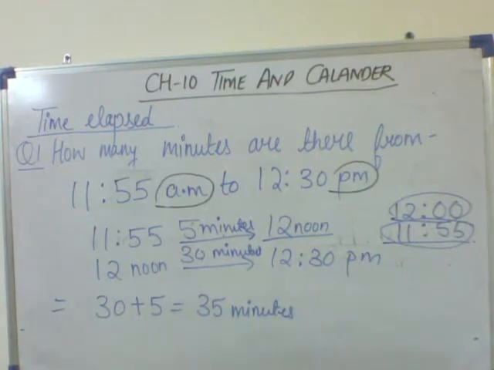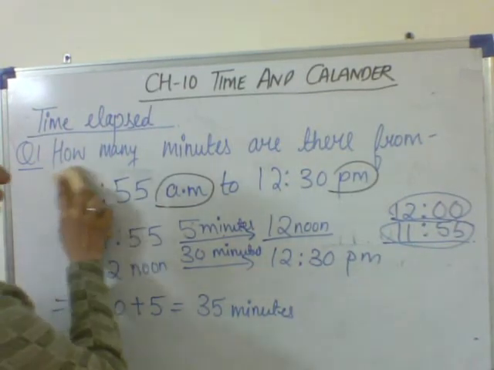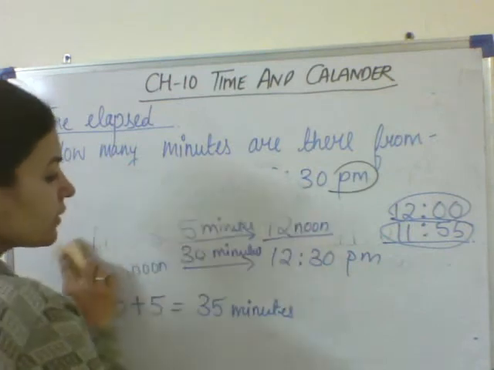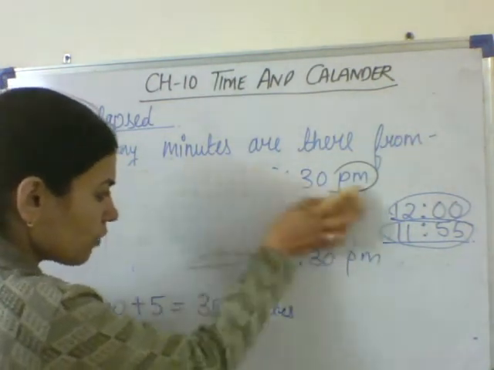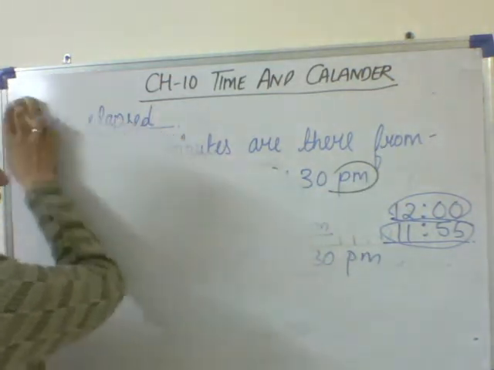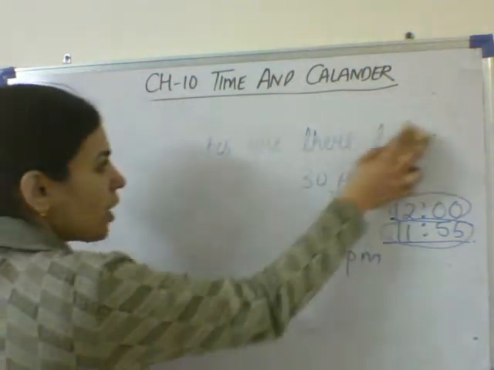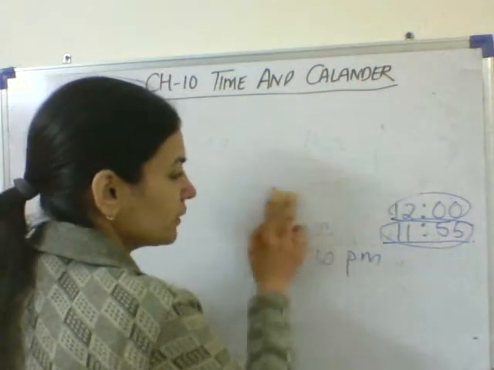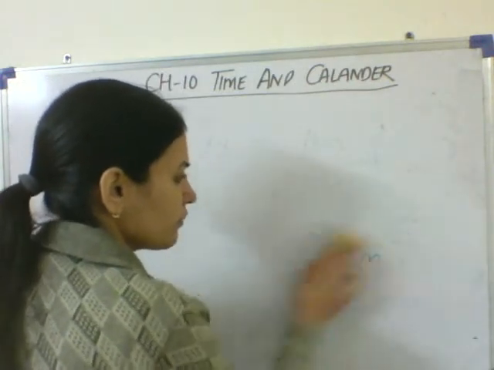Now let us do another question. How many hours and minutes are there? Earlier we only had to find the minutes. Now we have to find both the hours and minutes.